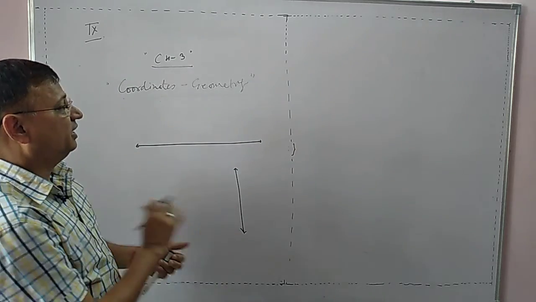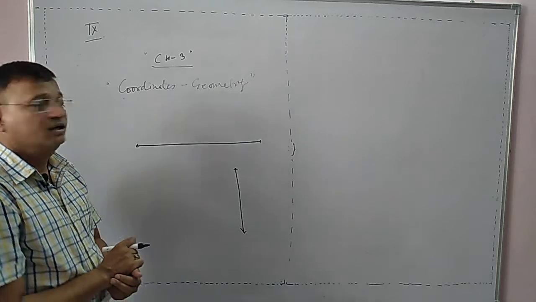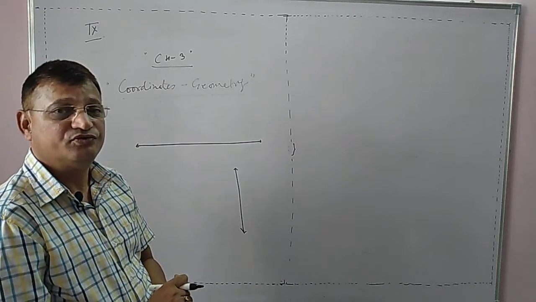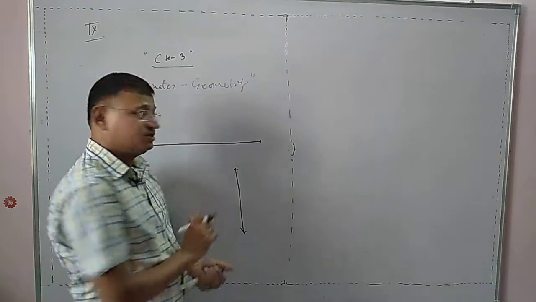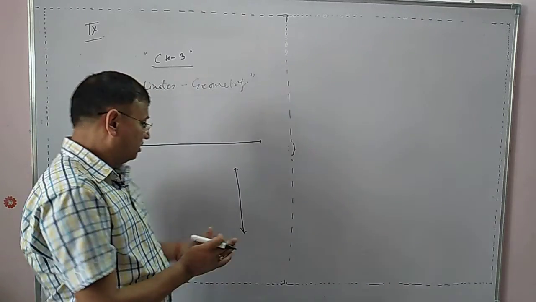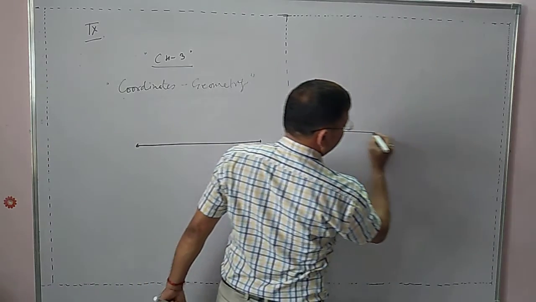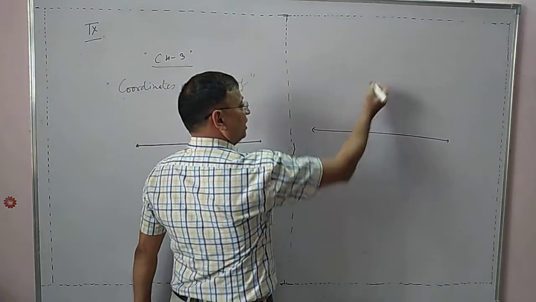In this plane, suppose we draw the position of a point. Before that, first we introduce these two dimensions. Suppose this is the horizontal and this is the vertical.